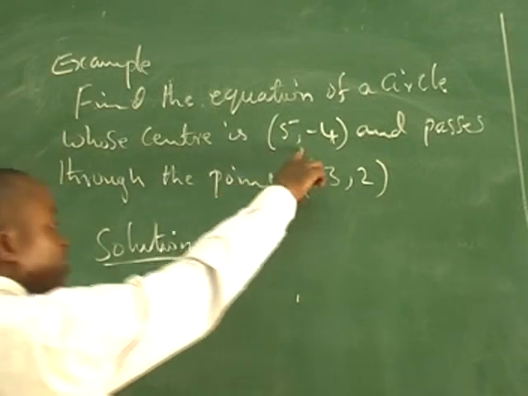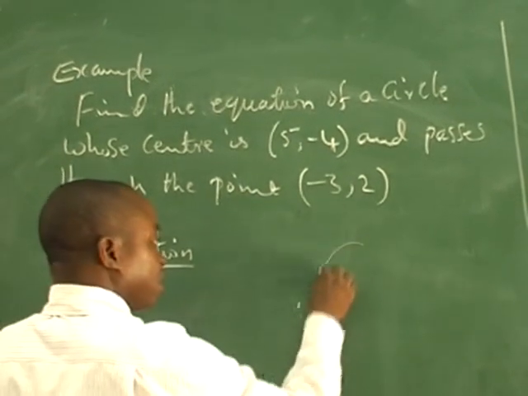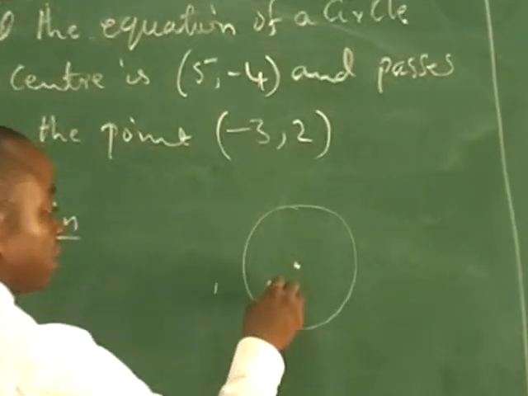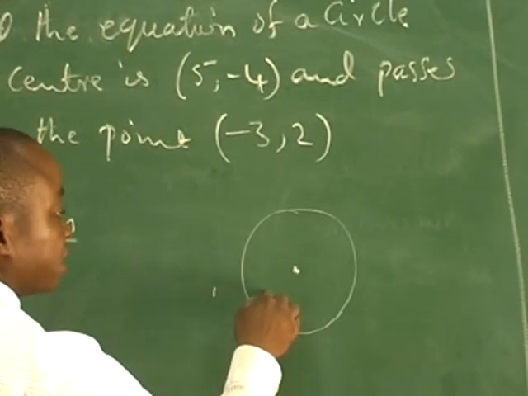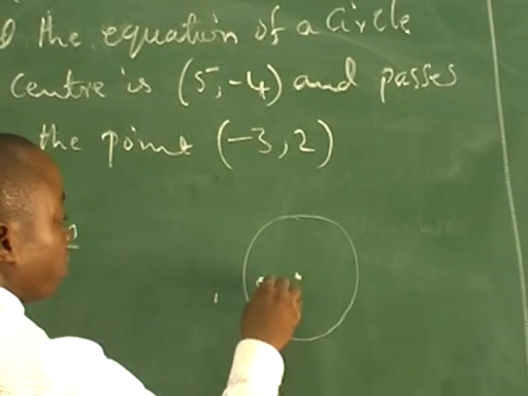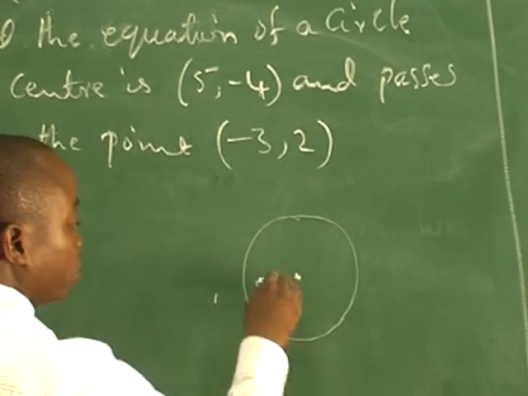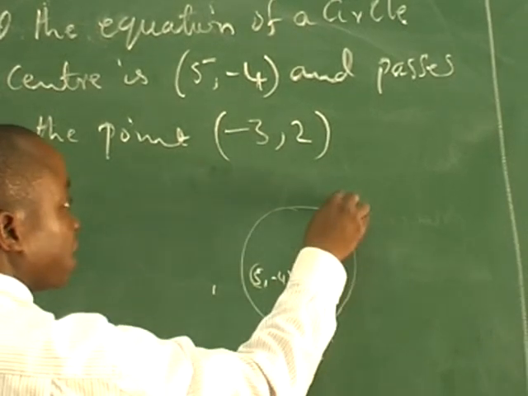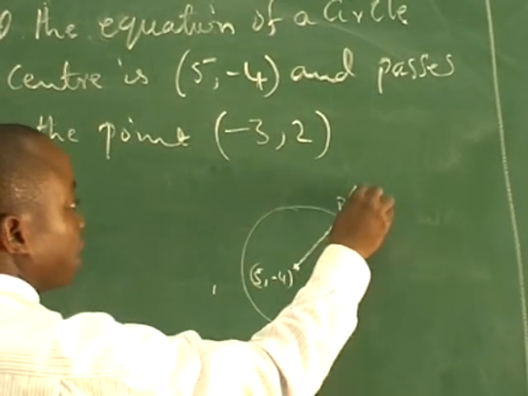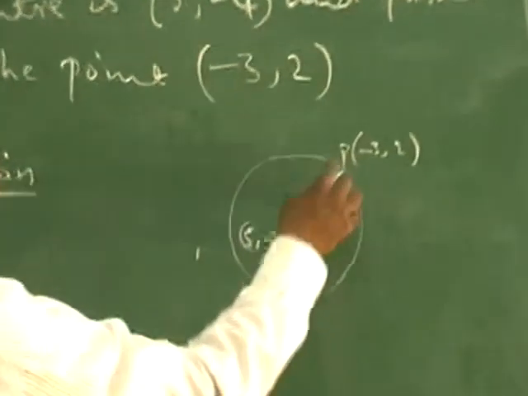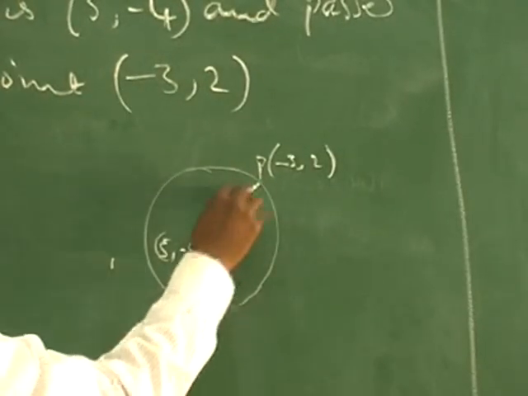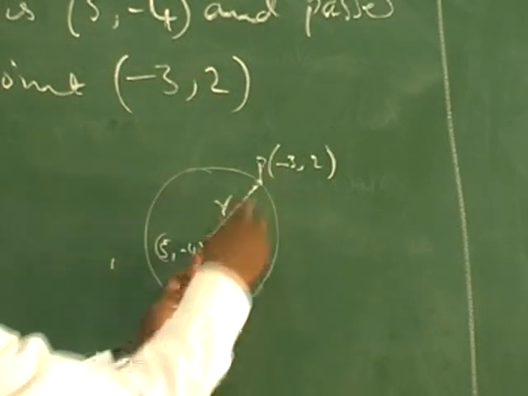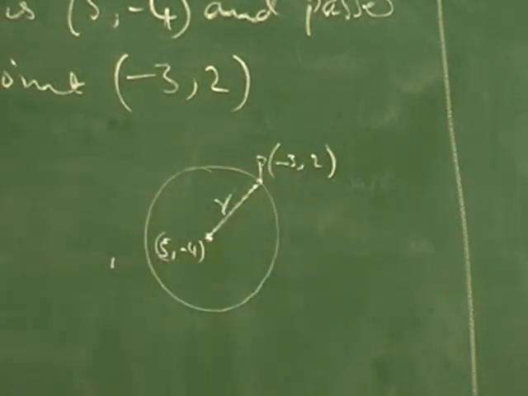We know that the coordinate of the center, look, we have a circle, and they say the coordinate of the center is 5 and minus 4. So this is the center. And it passes through a point, let's call it point P, minus 3 and 2. So we should know that this is R. So what we do is to find the distance between here and here.